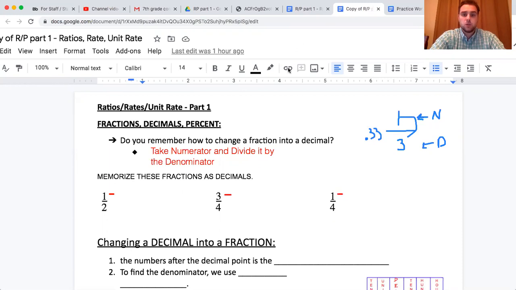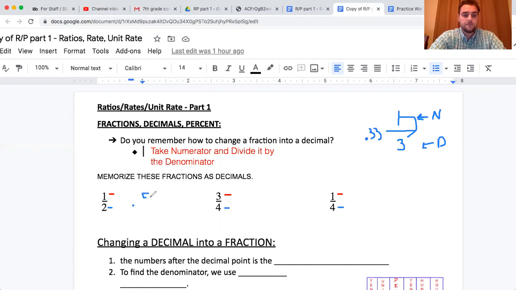And the blue is going to be our denominator, or that bottom number of our fraction. Okay, and then the in-between line, that's our divisor, you're going to divide 1 divided by 2. So here we go. What is 1 divided by 2? Well, 1 divided by 2, punch in your calculator, is 0.5.